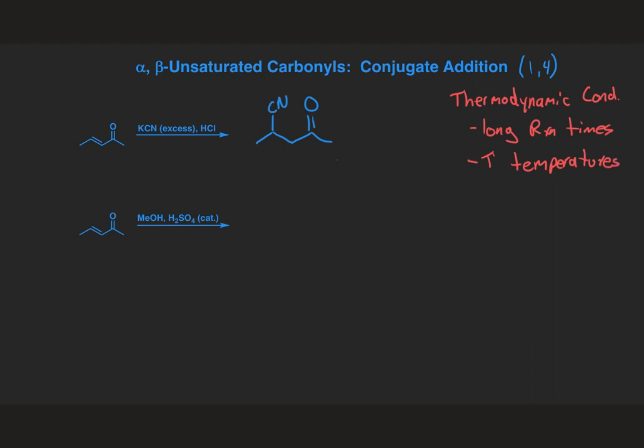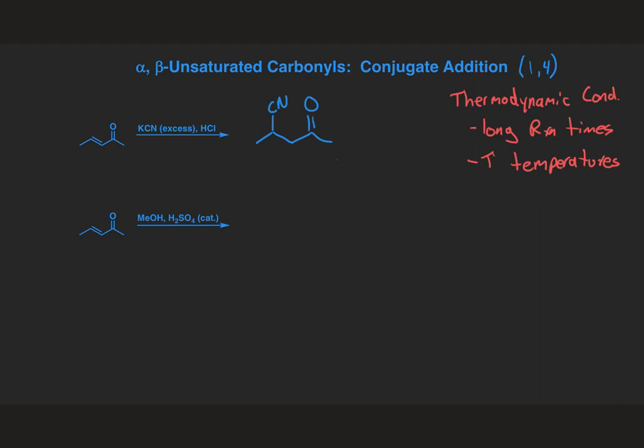Now, these things can be relative to one another, and so you have to look at this in the context of other alpha-beta unsaturated ketones and those additions. But in general, the longer reaction times and higher temperatures favor thermodynamic conditions.